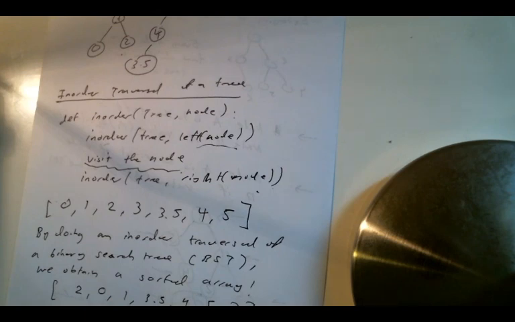So we'll insert 2, then we'll insert 0 because it's to the left, we'll insert 1 to the right, we'll insert 3.5 to the left, 4 to its right, 5 to that node's right, and 3 to the left of 3.5. And then we will do the in-order traversal of that tree, and we will get our answer.